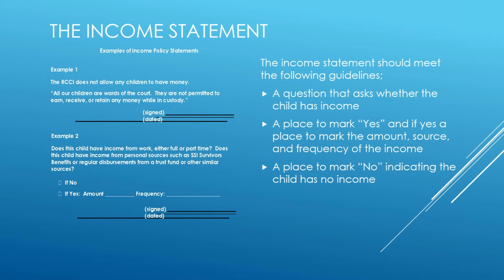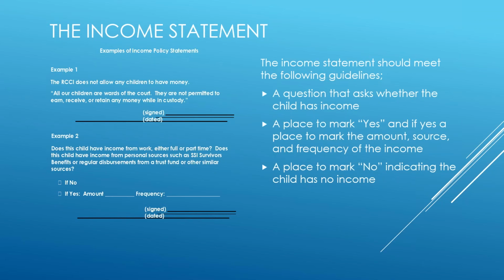Example 2, if you do allow kids to have money, you have to ask, does the child have income from work, either full or part-time? Does this child have income from personal sources such as SSI, survivor benefits, or a regular disbursement from a trust fund or other similar sources? Then you have to have some area where you can indicate no or yes, and if yes, you have to indicate the amount they receive and the frequency.